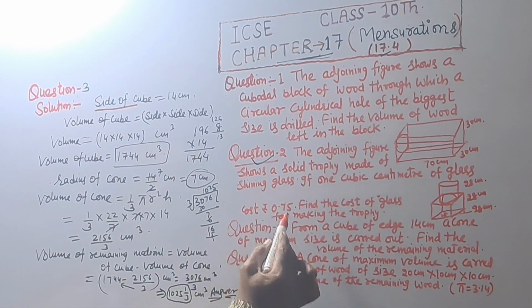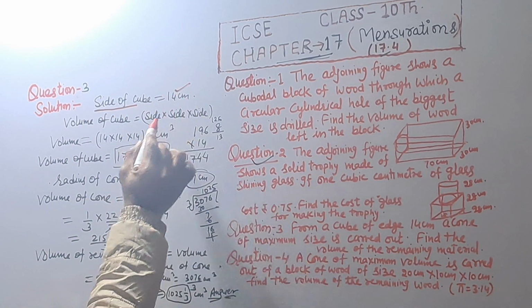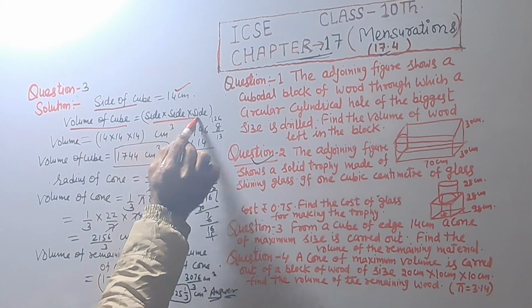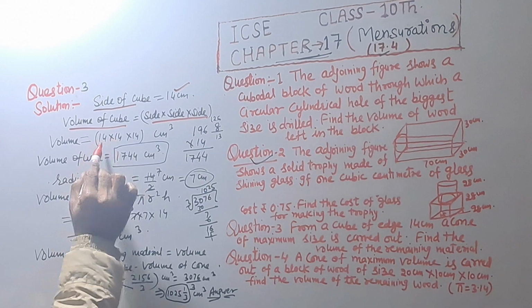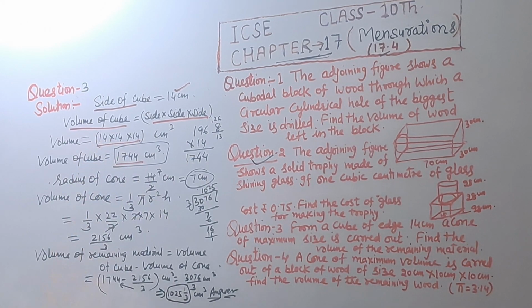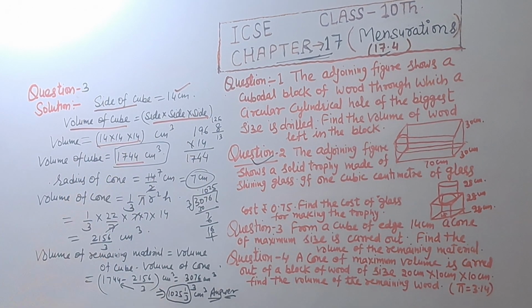Given side of cube is equal to 14 centimeter, so volume of cube is side multiplied by side multiplied by side, and we get 14 into 14 into 14, that is 2744 centimeter cube.